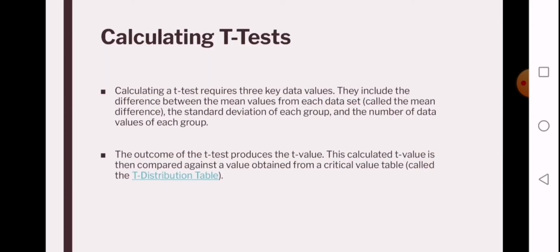Okay. Calculating the test requires three key data values. They include the difference between the mean values from each data set, called the mean difference, the standard deviation of each group, and the number of data values of each group. Now, the outcome of the t-test produces the t-value. This calculated t-value is then compared against a value obtained from a critical value table called the t-distribution table.